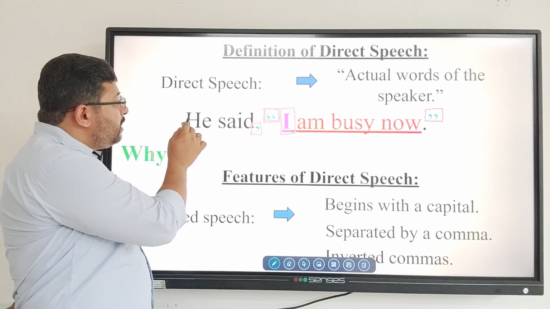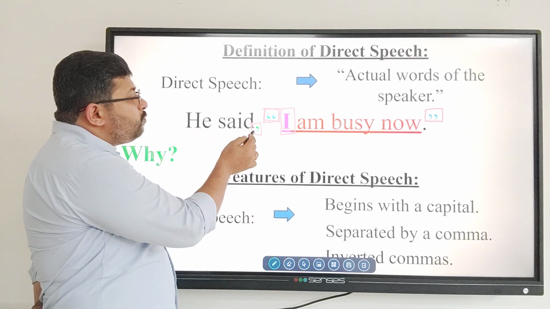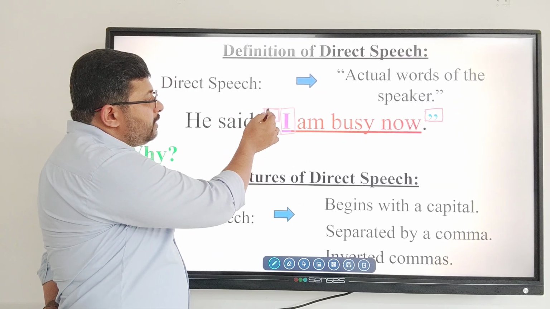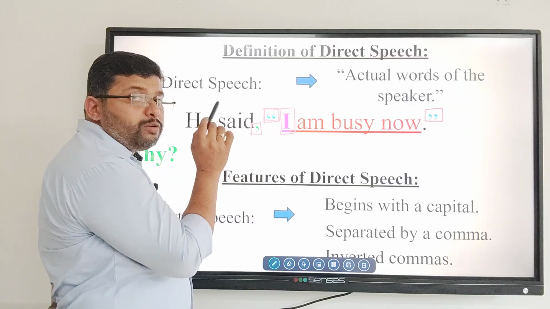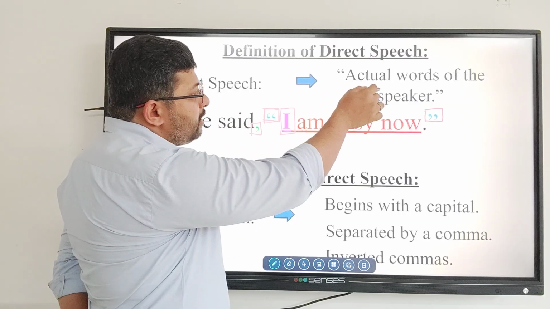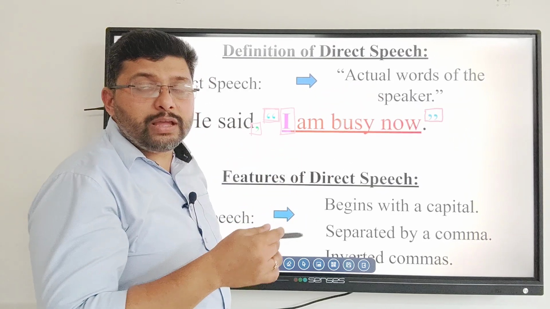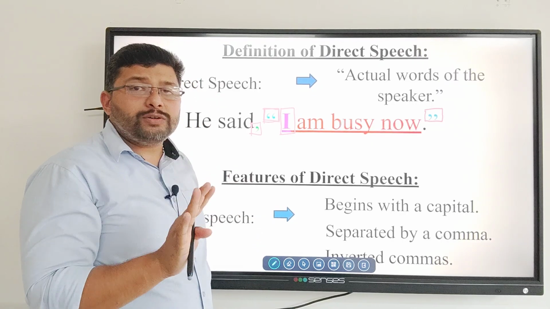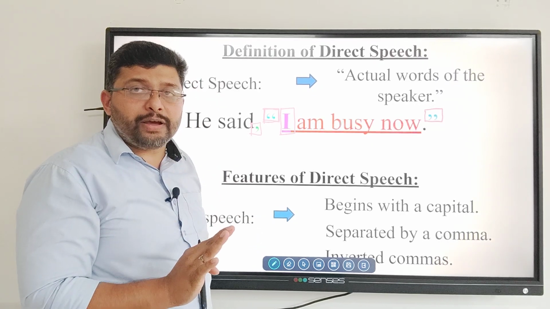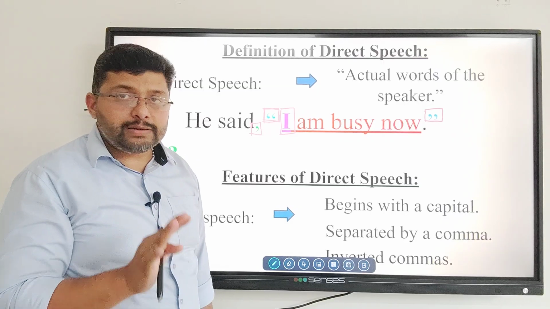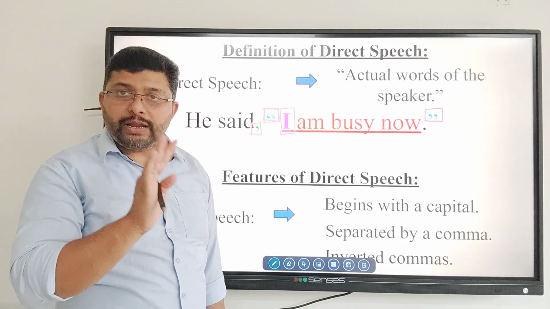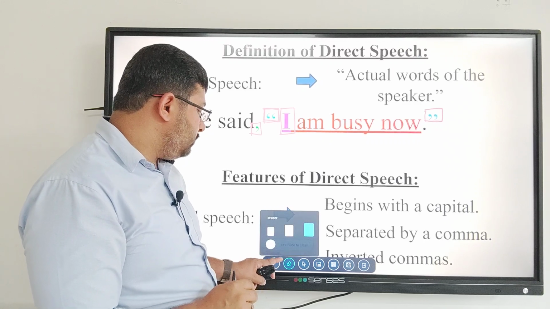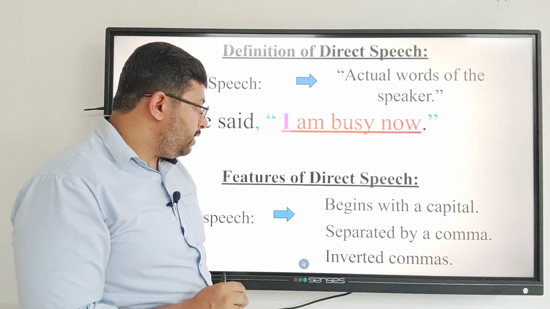Here we could see a capital letter, and after one word there is a comma. After the comma, the beginning inverted commas, then there will be a capital letter, and at the end there will be a closing inverted comma. So these are the three main features through which we could identify whether a sentence is in direct speech or indirect speech. I hope you got a very clear idea about it.